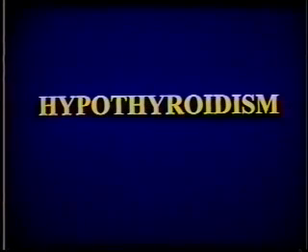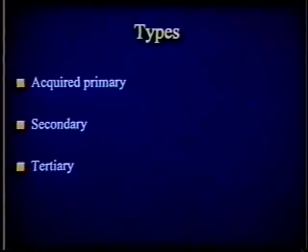Lastly, we'll mention hypothyroidism, and this is going to be brought about most of the time by an idiopathic atrophy of the thyroid gland, or it might be brought about by inflammation of the thyroid gland in the form of thyroiditis, eventually leading the gland to be atrophic. You see here that hypothyroidism is broken down into three types: acquired primary or secondary or tertiary forms.